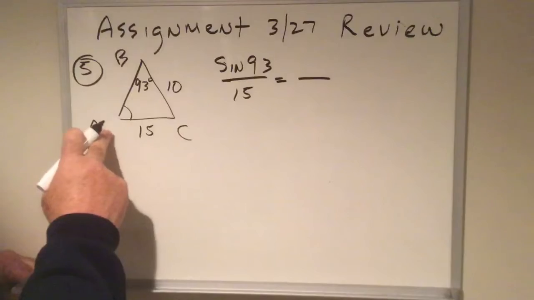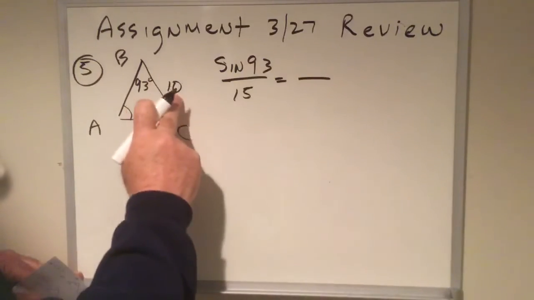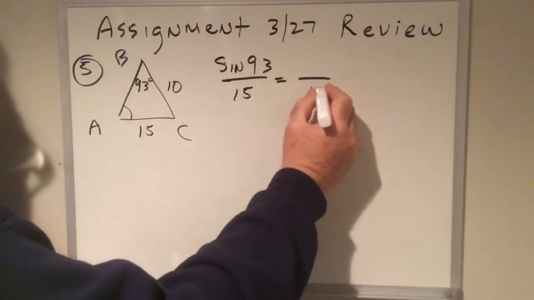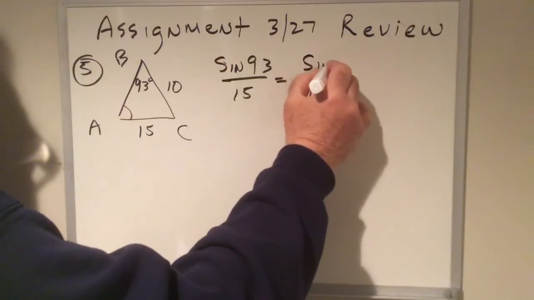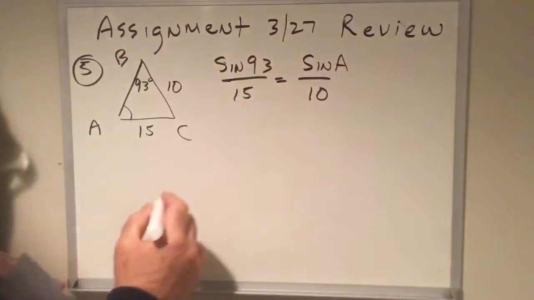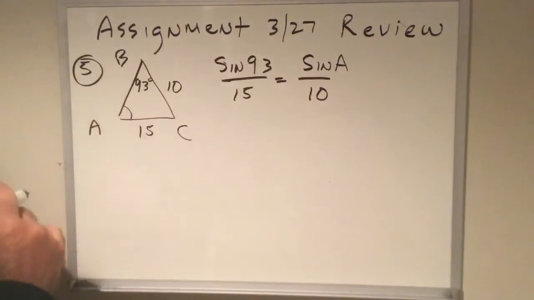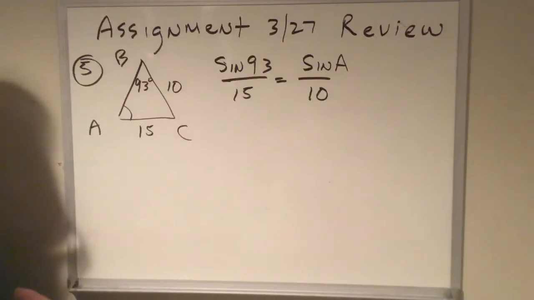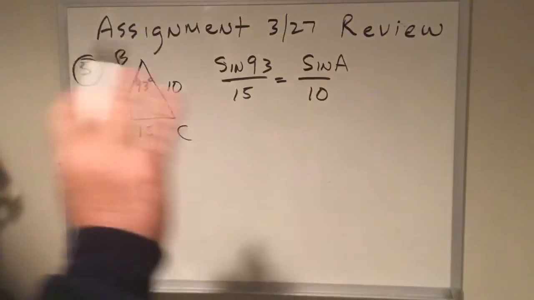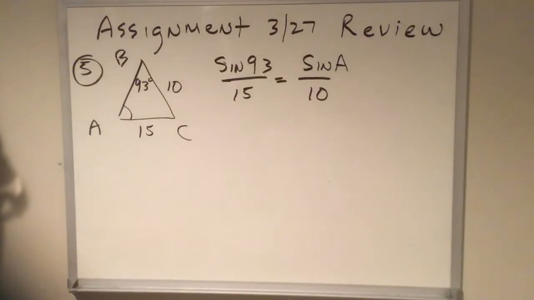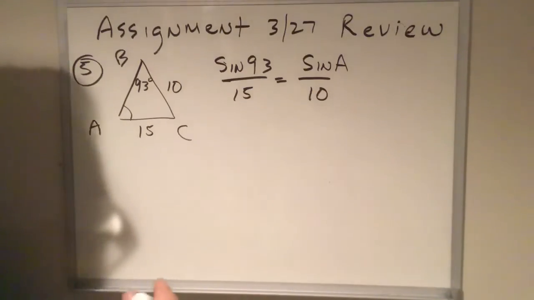Now in this problem, that's exactly what we're looking for, an angle measure, but we do know the side across from it is 10. So you set it up that way. Okay, we don't know C, we don't know the side across from it, it's not involved. It doesn't help us in the problem, but yet we're not looking for anything there, so that saves us some grief.